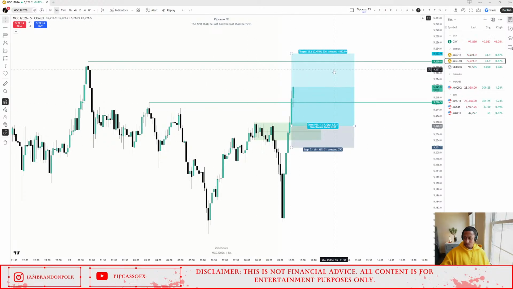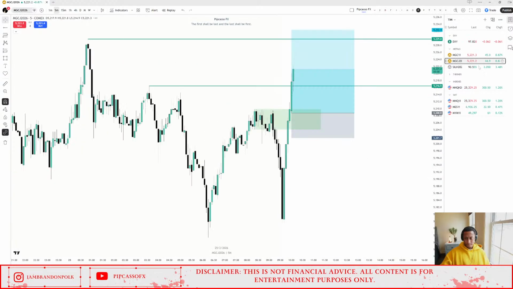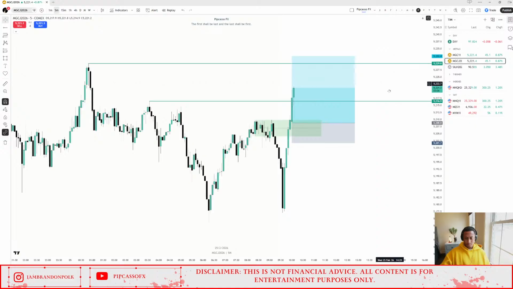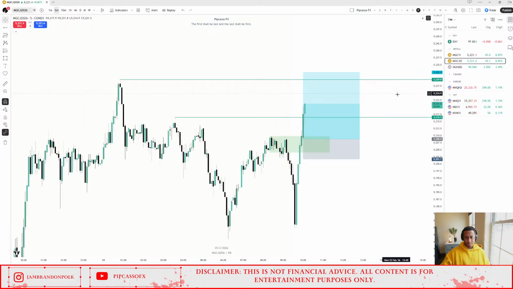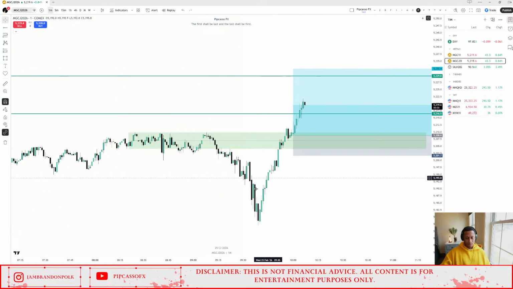NQ is stalling a little bit, so we may get a little bit of retracement there. But this, I mean, there's no retracement to a 5 minute gap at all. 1 minute gap, I mean, you have this one.